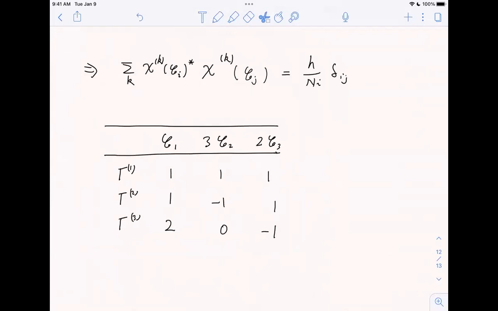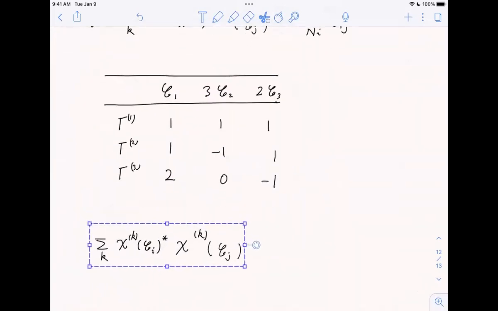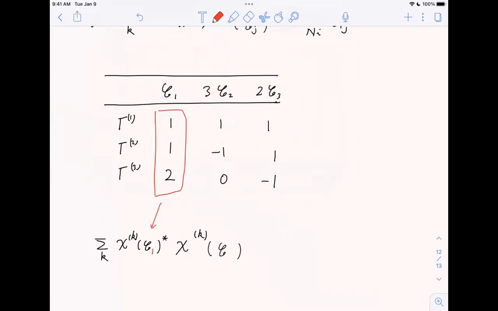For example, let's consider 1 and 2. This is 1 and 2.